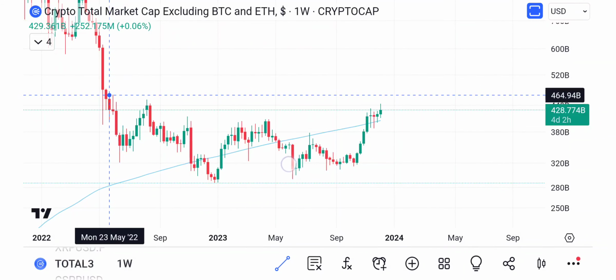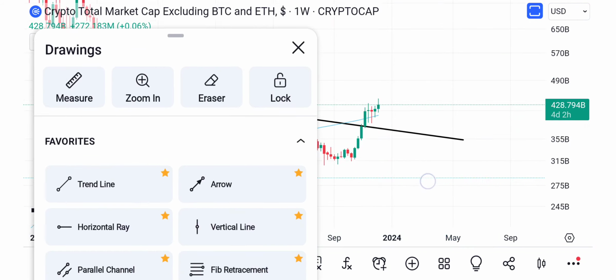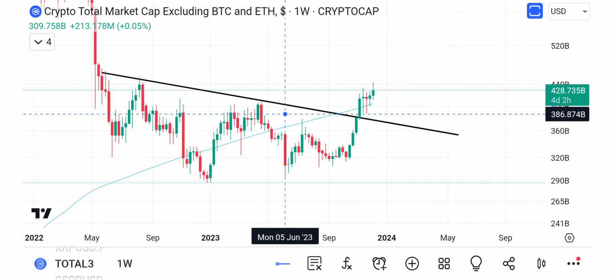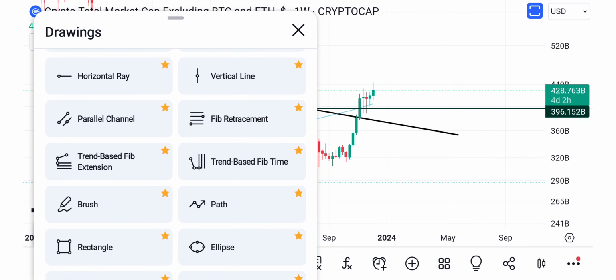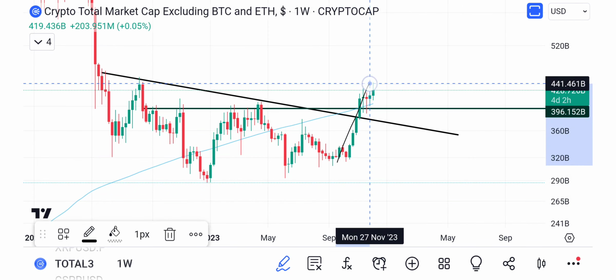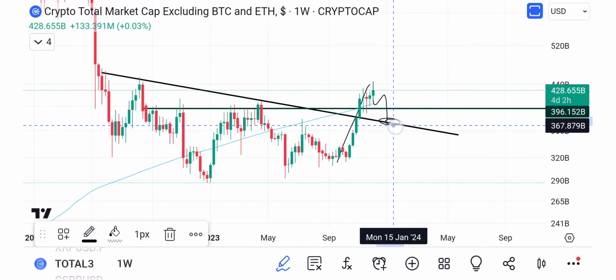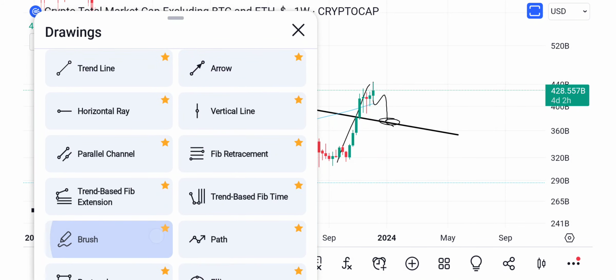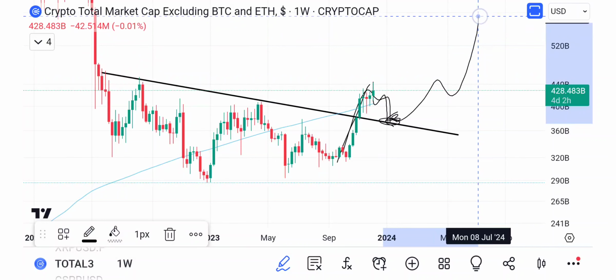So we have to keep in mind that there's always a chance that the price could come back and back test certain areas, right? So for example, you break out, you can go A, B, C, and then back test this downward resistance line right here, back test, and then start marching to the upside.